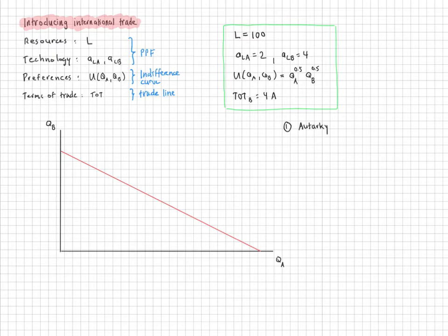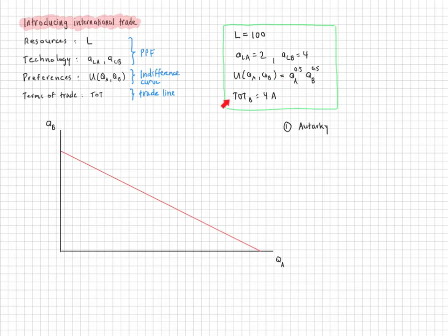All right, so I'm going to go quickly here first because I'm just going to determine what our autarky position is. So again, we know the resource is 100 units of labor, unit labor requirement is 2 for good A, and unit labor requirement is 4 for good B. And our utility function is a standard Cobb-Douglas utility function.